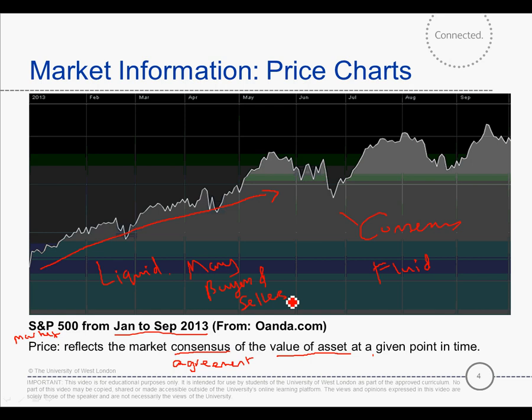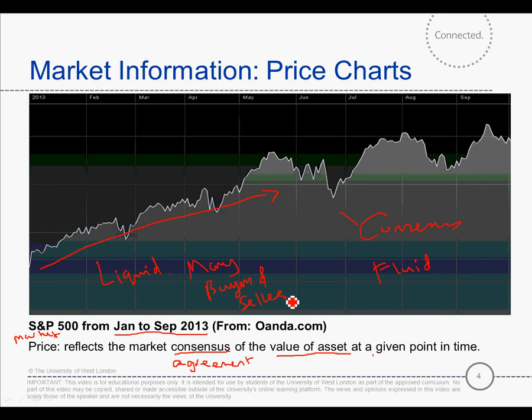Let's take it more simple. Let's say you own a mobile phone. The market for mobile phones over on eBay, for example, might be more liquid than the market for used trainers. If you try to sell your trainers on eBay, do you think there's a second-hand market for trainers? Maybe for some unique brands, but not the common trainers. But there tends to be a healthier second-hand market for electronic devices like mobile phones.